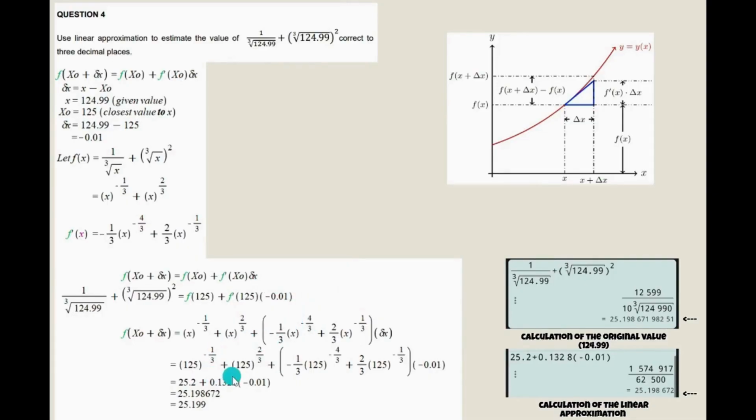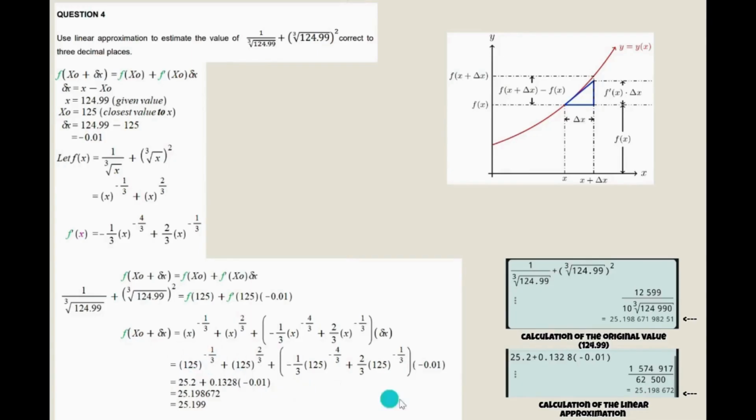So next we want to substitute the values of x naught and delta x. The value of x naught is 125, so just substitute 125 into x. So 125 here goes into x, and this one here goes the same, 125 goes into x. Then substitute the value of delta x, which is negative 0.01.